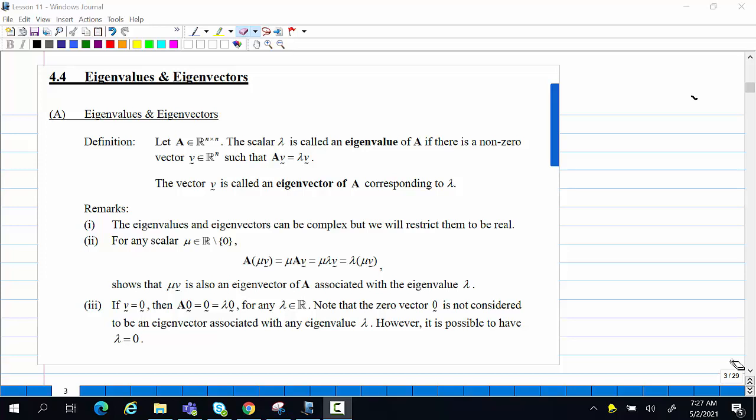This is an introduction to eigenvalues. Let A be an m by n matrix. For example, A could be a 2 by 2 matrix, let's say 1, 1, 2, 1.